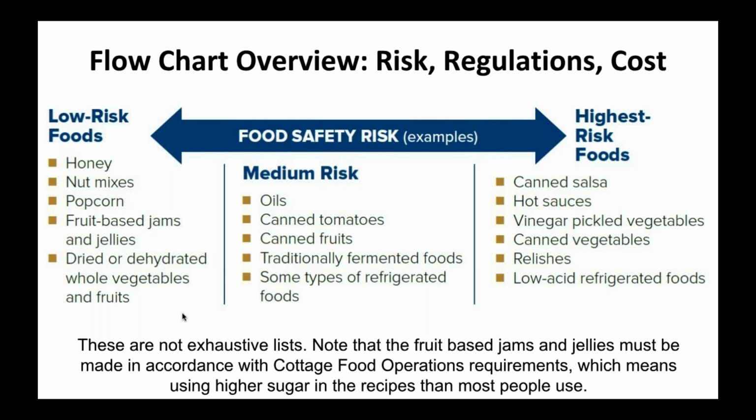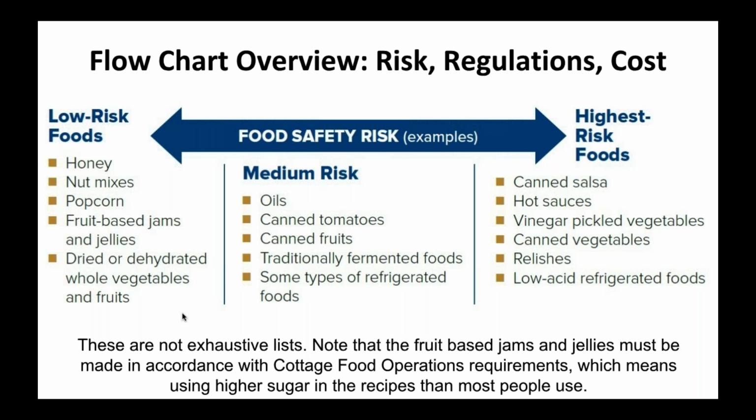So when we move up the food safety spectrum, in this medium risk category, fall things like oil. So olive oil, if you're interested in producing olive oil, that's considered this medium risk type of food processing.